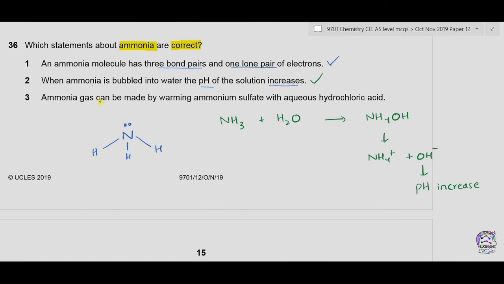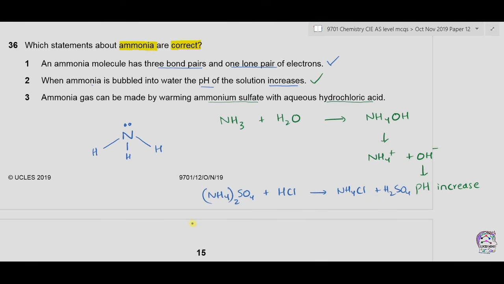In option 3, ammonia gas can be made by warming ammonium sulfate with aqueous hydrochloric acid. Let's write the equation for this reaction. We have ammonium sulfate. It reacts with aqueous HCl to form ammonium chloride and sulfuric acid. As we can see, no ammonia gas is formed.